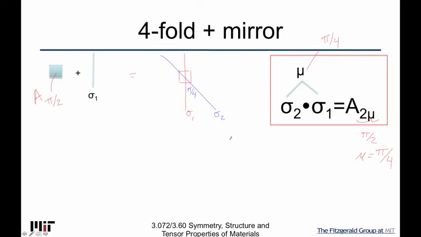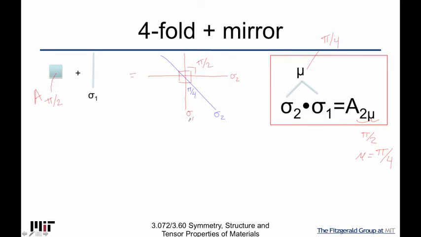And I know from the rotation that I'm going to get a sigma 2 anyway, because this is not a unique structure: in a fourfold axis, everything gets repeated and rotated by pi over 2.